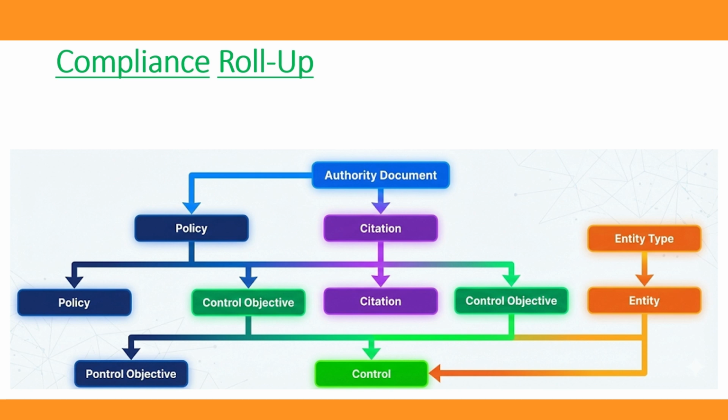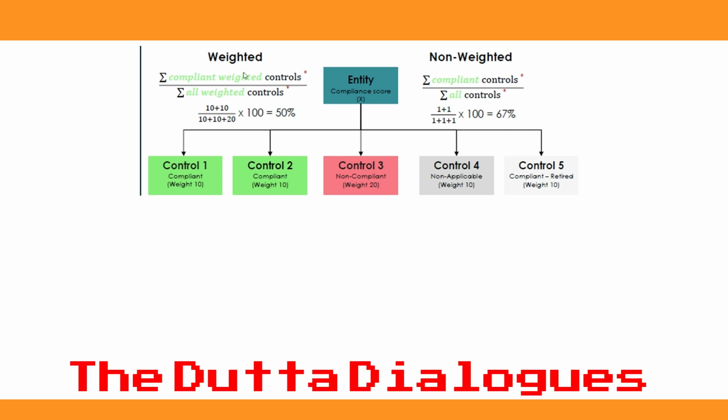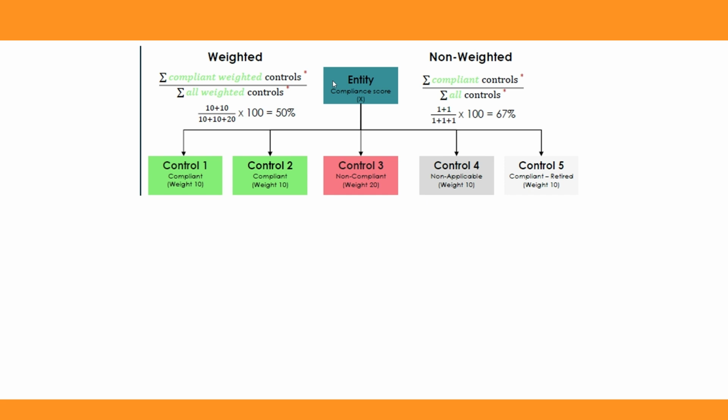Now, moving on to understand the scoring logic. What exactly happens? For an entity, how it is weighted, you will get to know from this: it is the summation of the compliant weighted controls divided by all weighted controls. Let's say you have 5 different controls: control 1, control 2, control 3, 4, and 5 respectively.